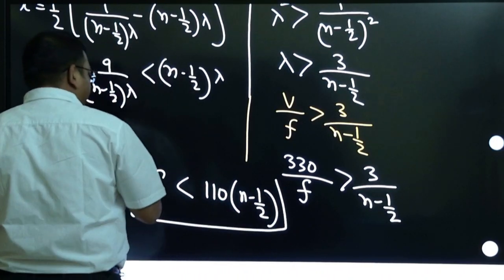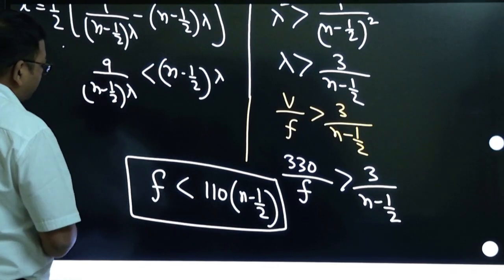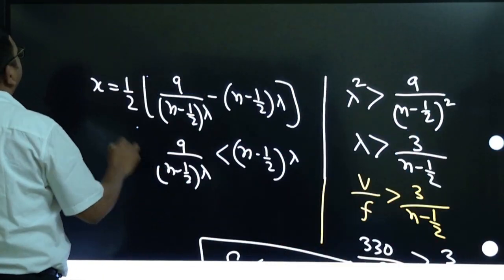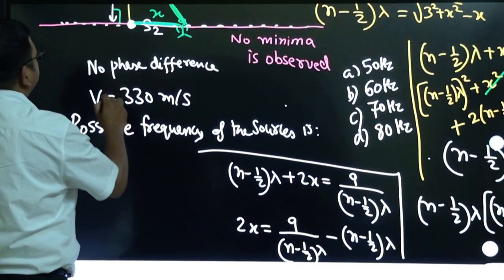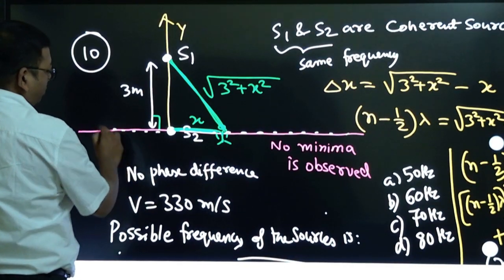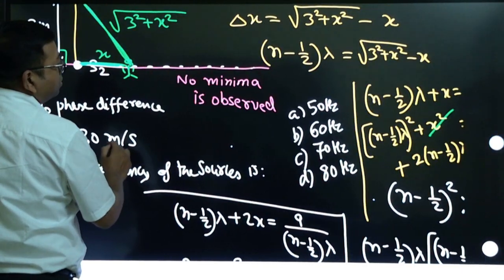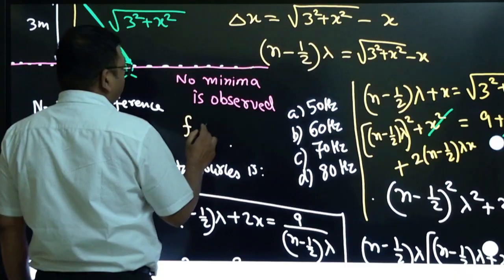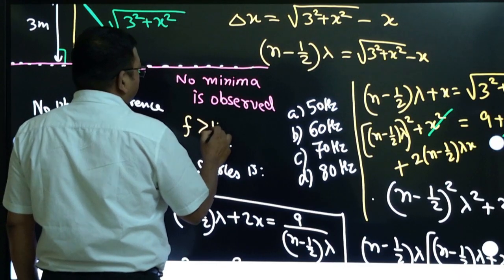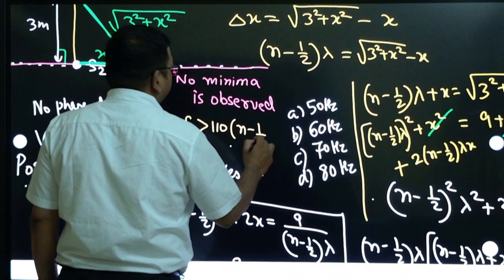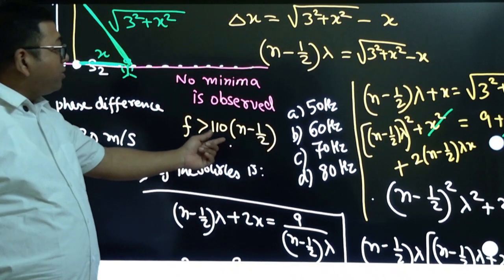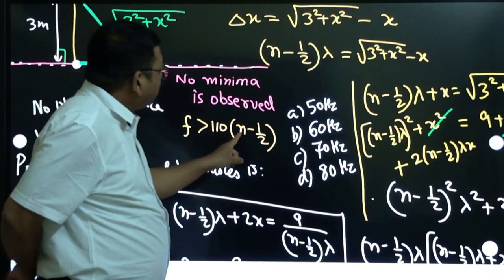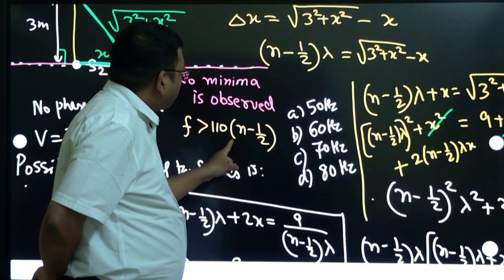Now apply the conditions and choose. What are the options given? I will go to the option 110 (n minus half). Frequency should be less than 110 (n minus half). Now choose some values of n and check which is possible. Suppose I choose n as 1, so it will become half.